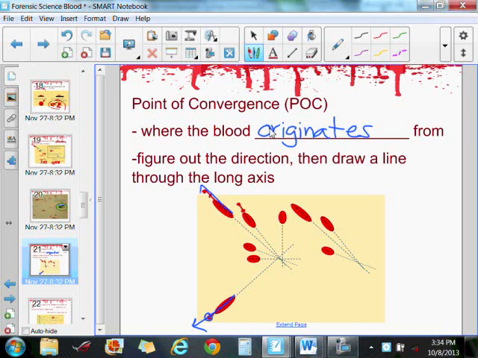This droplet of blood was traveling in this direction. And what you can do is extrapolate back from that. So if we draw an opposite arrow from those blood stains, you find that they meet at a certain point, and this point is called the point of convergence. So if you had blood spatter on a floor, for example, you could tell where exactly the blood spatter originated from on that floor based on the direction.